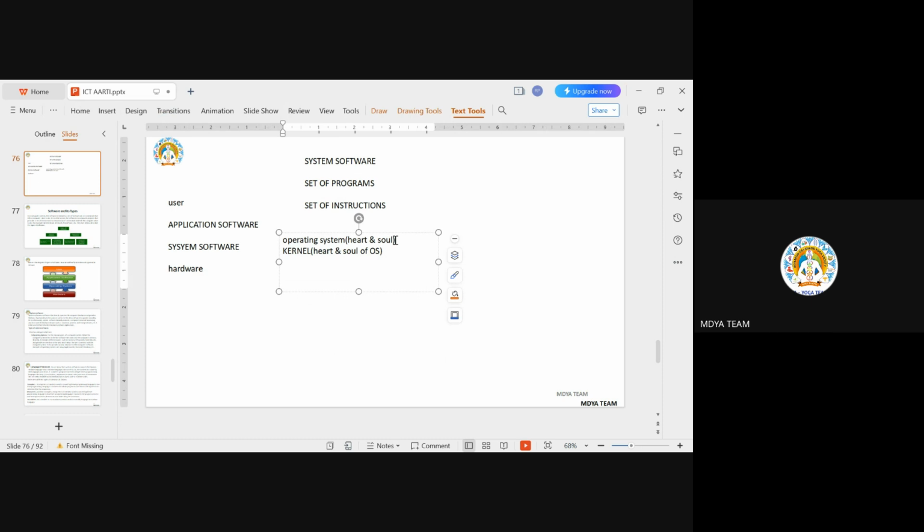These all come under the operating system. So all instructions or programs regarding the hardware are written in the device driver.